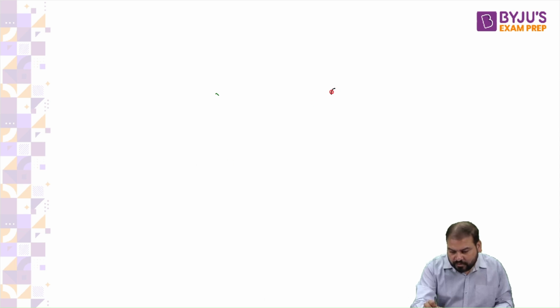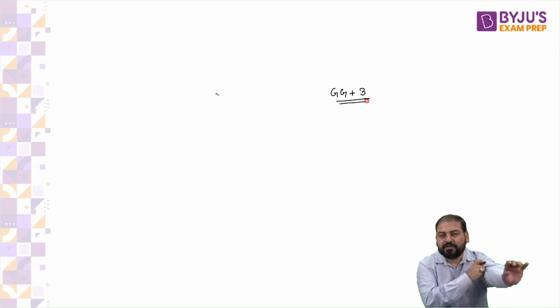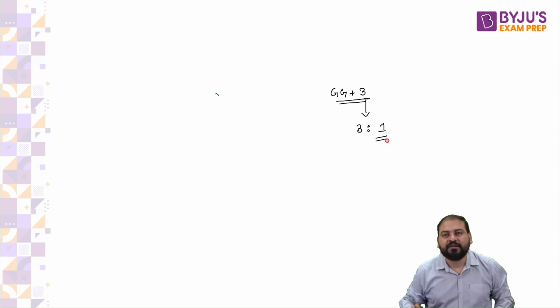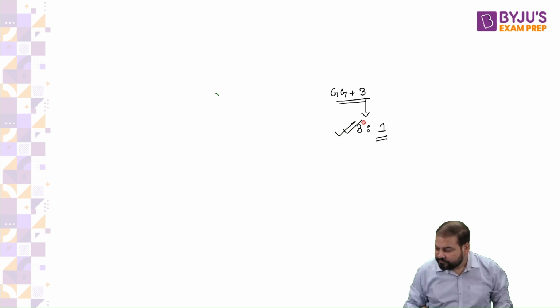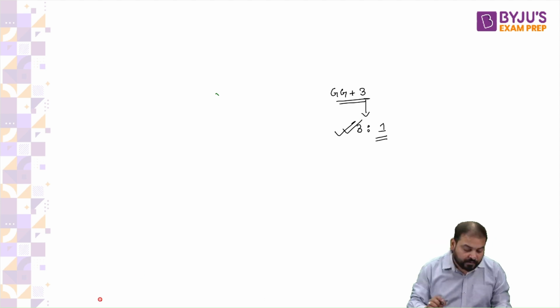Governor General plus 3. Everyone, tell me, if these 3 people are on one side and the Governor General is on the other side, who will win? This side.